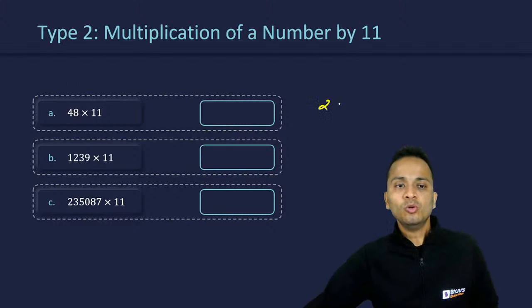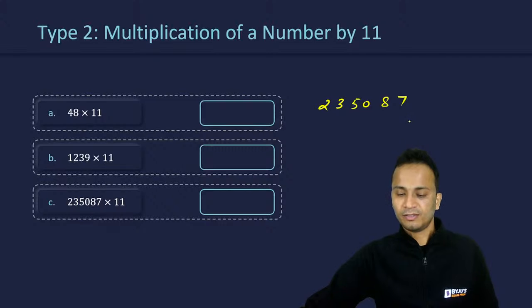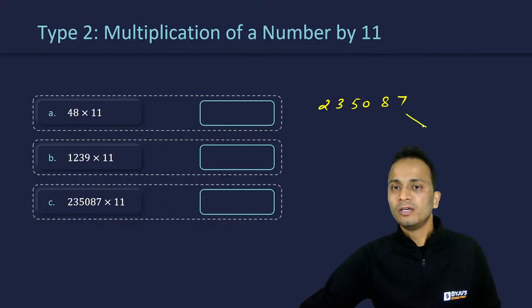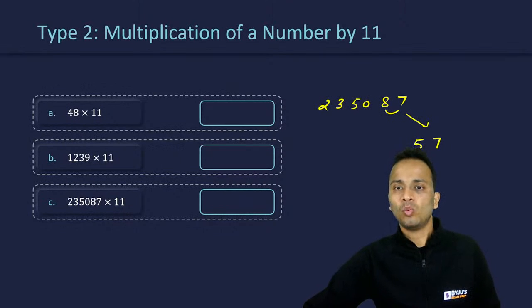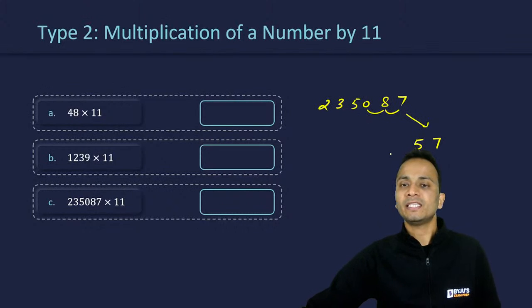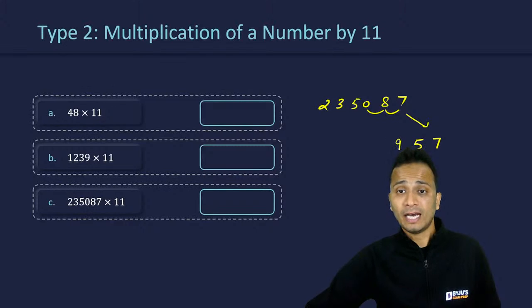Okay, so 235087, right? This number as it is, then the sum of these two numbers 8 and 7 is 15, 5, 1 carry forward. Then the sum of these two numbers 0 plus 8 is 8, 1 was the carry forward, 9.